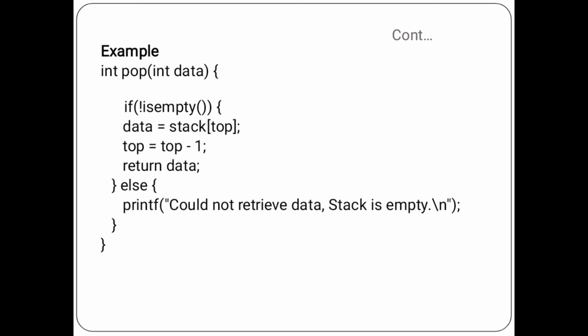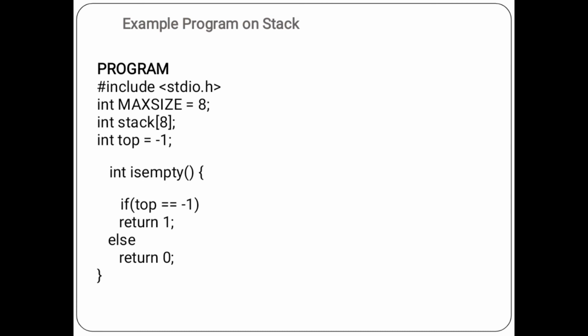These are the push and pop operations shown in the diagram representation and also the coding. Now we will discuss a small program on the stack. Here we are taking the max size as 8 for the stack representation. So int stack of 8, and initially we take top is equal to minus 1. Why?